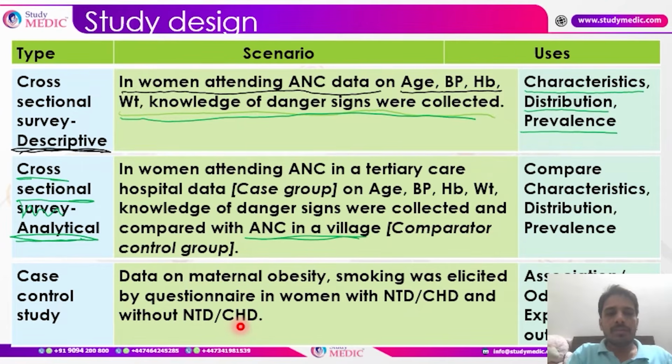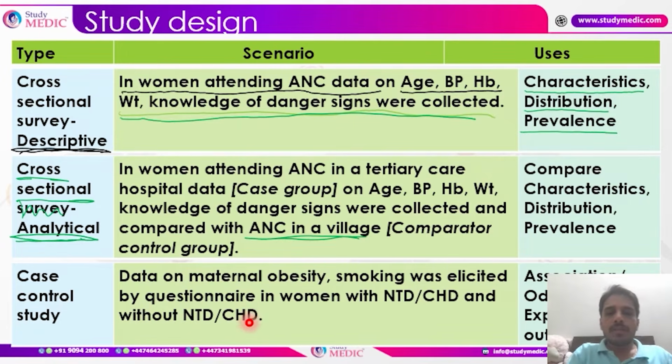And then they matched these controls, who did not have this rare case but have other diseases also, with respect to age, gender, etc. Then they asked the questions of all this, the previous history, if they are obese, if they are smoking, etc. Then they calculated the odds of exposure in cases versus the odds of exposure in the controls to find out the odds.